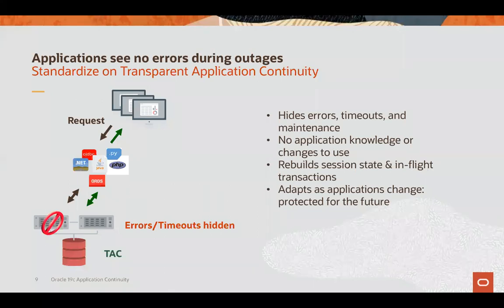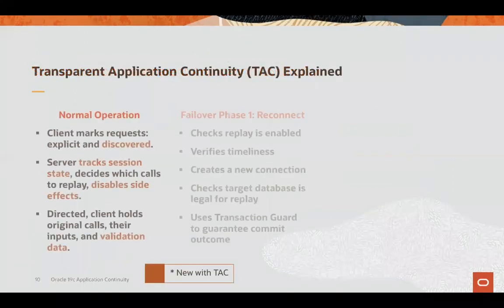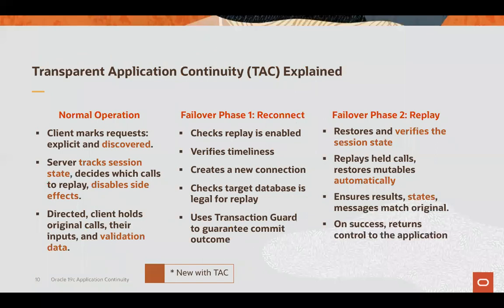And the session is completely rebuilt, and the in-flight transactions are captured in the request, and the end user and the application in the end are completely protected from the server failure. We have the normal operations and the failover. So these are the new steps which are executed on the database server with transparent application continuity.